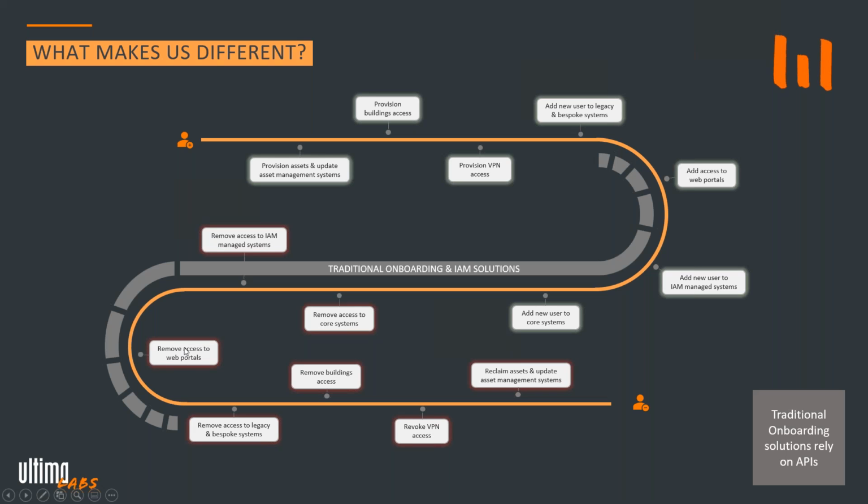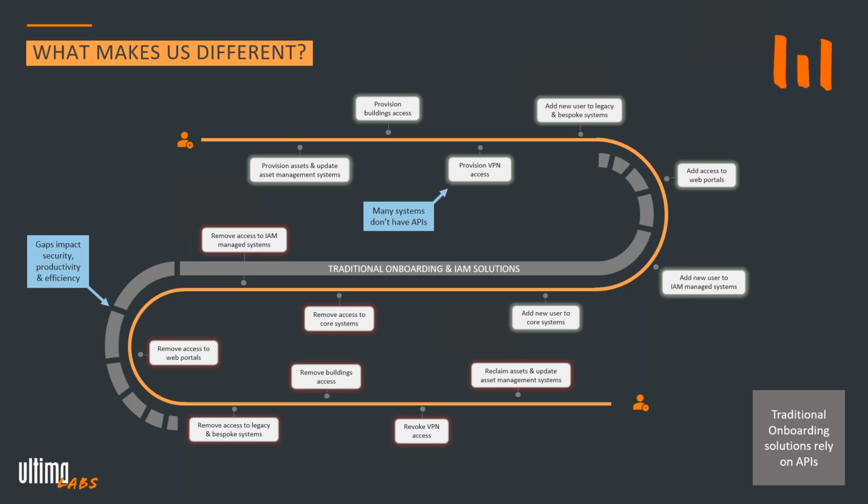But then what happens to your legacy and bespoke systems, their VPN access, their access to your buildings, and reclaiming those assets at the end and updating your asset management systems? Obviously make sure that you keep these as up to date as possible, so you haven't got to provision additional licensing, or you've got greater control over your pool of licenses, etc.